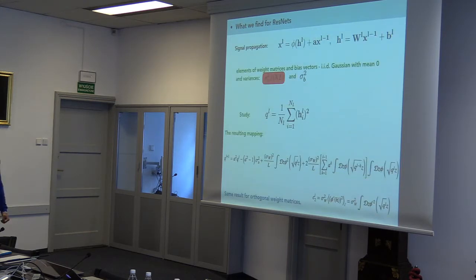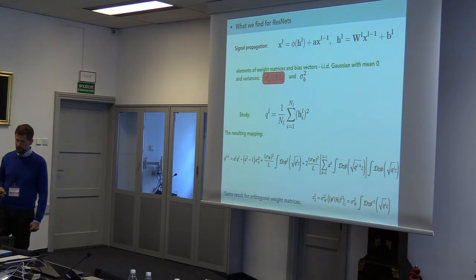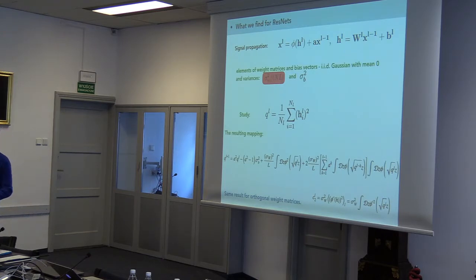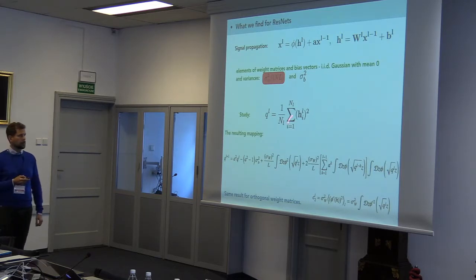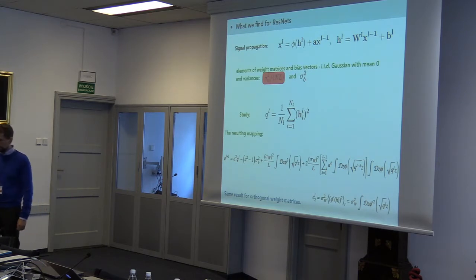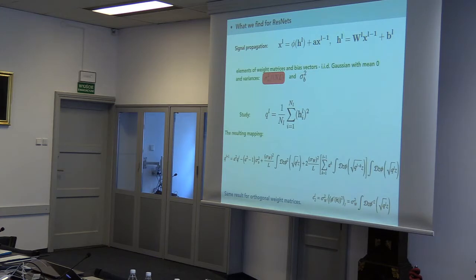So under some particular but quite reasonable assumptions, it turns out that those pre-activations can be seen as Gaussian with mean zero, so centered, and what we want to worry about only is this Q_L.